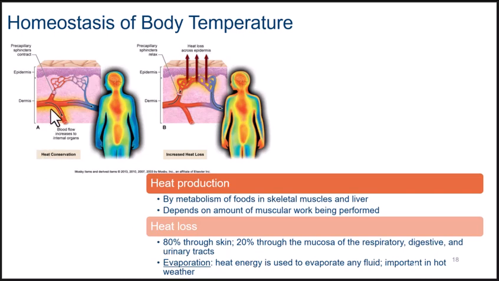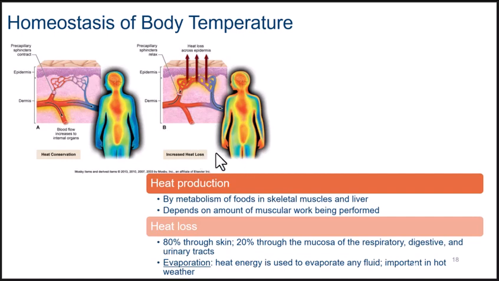When we look at heat conservation, here's your skin. Here are larger blood vessels, and these are the smaller blood vessels called capillaries. And the capillaries are what are going to actually reach your tissues. And what we can see in this example, when we don't want to lose heat, we want to conserve heat, these have constricted, which encourages blood to move elsewhere.